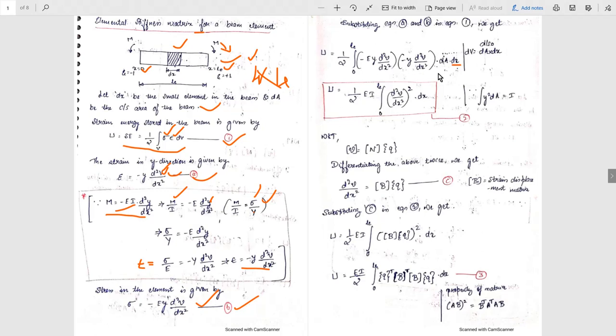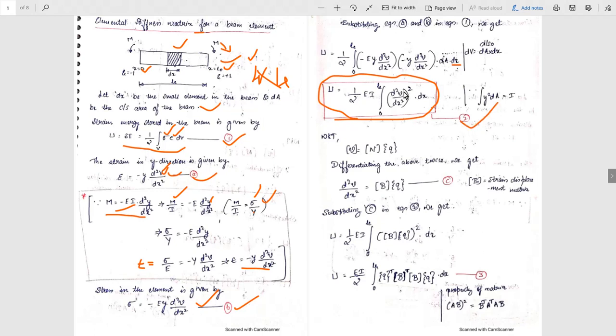Integration of y square into dA is nothing but your moment of inertia I. So this is the strain energy of a beam element. Let me call this equation B.